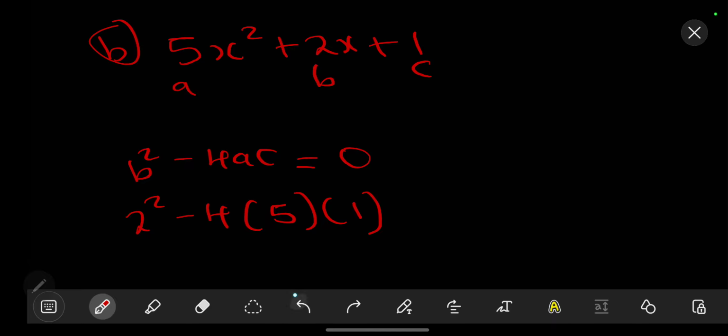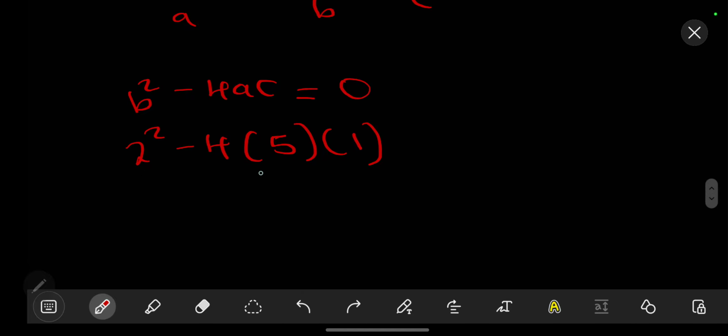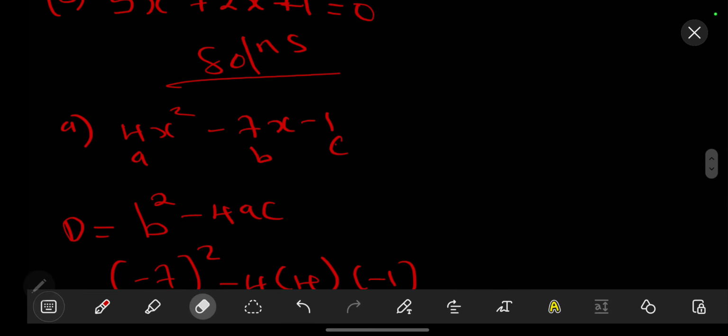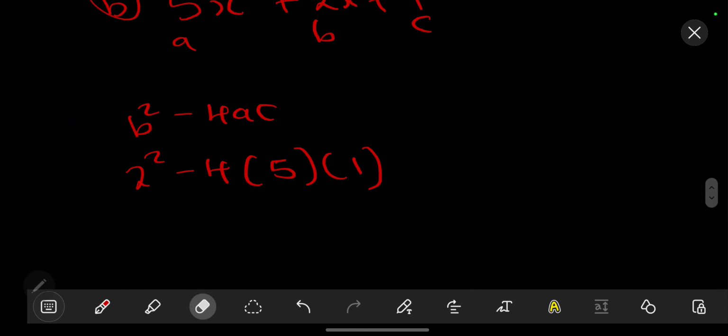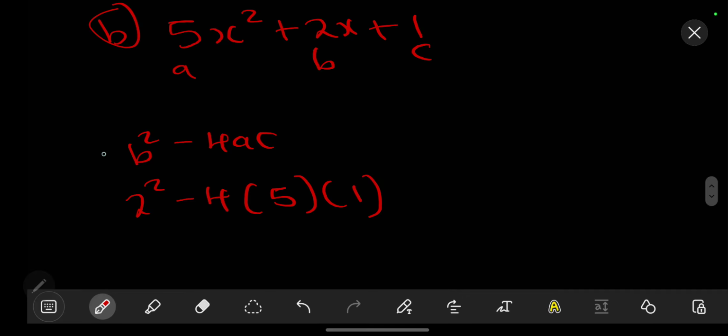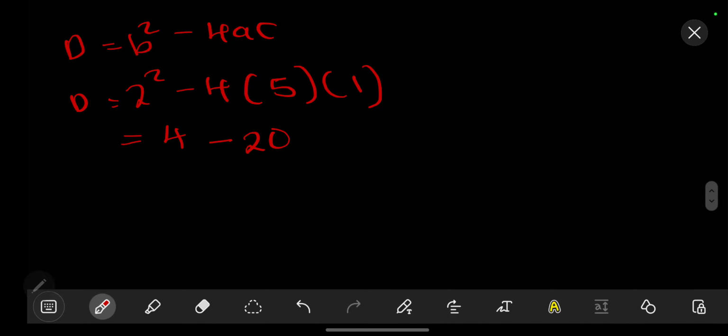So you use your discriminant d, which is equal to that. Simplifying, 2 squared gives us 4, then minus 20. When you subtract 4 minus 20, this gives us a value of negative 16.